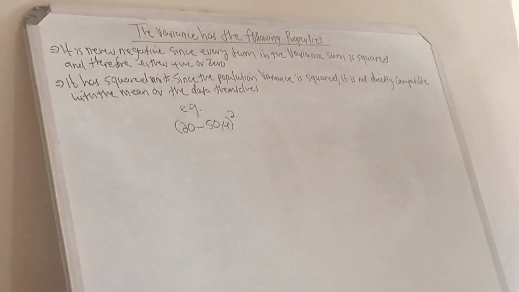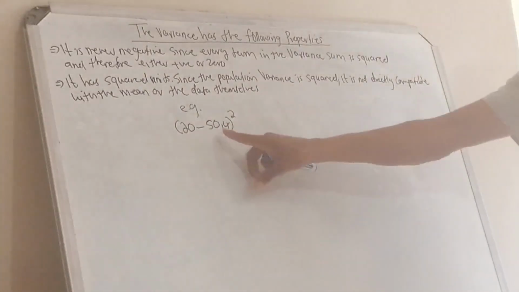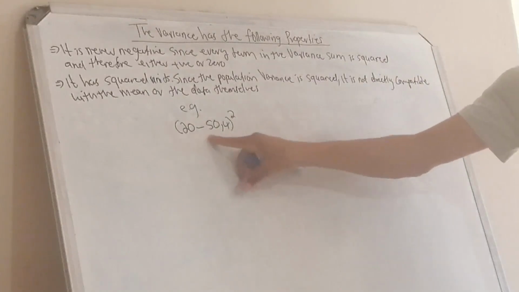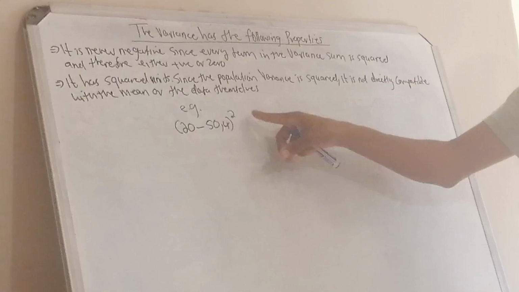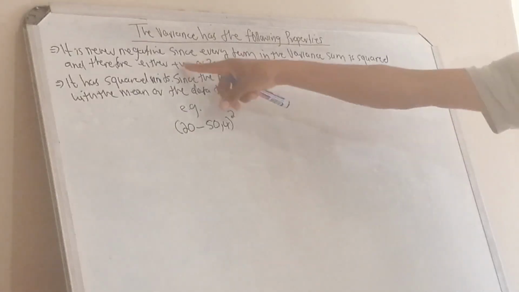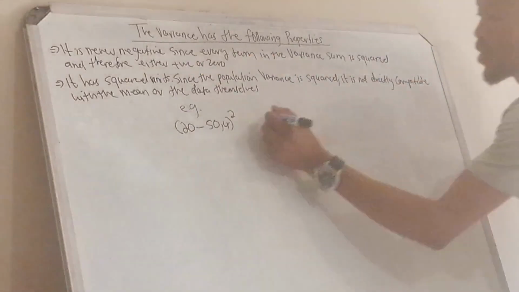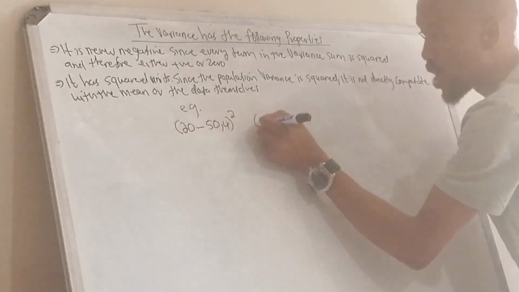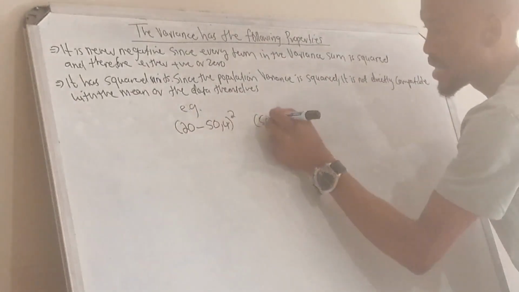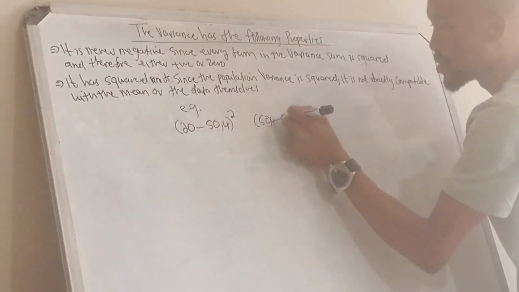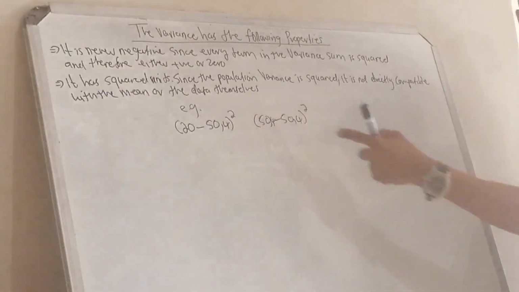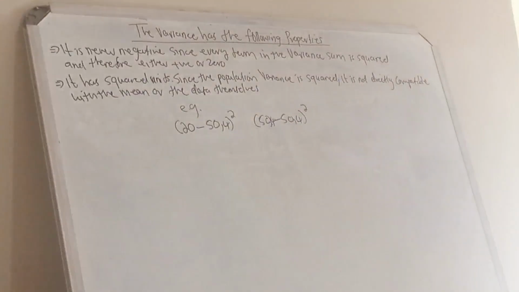Whatever you get will be a positive number, because even though this subtraction gives a negative, a negative squared will always give you a positive. Or it will be 0 if the element is exactly equal to the mean. But it shall never be negative, because it has been squared. When you square a negative number, you always get a positive answer.